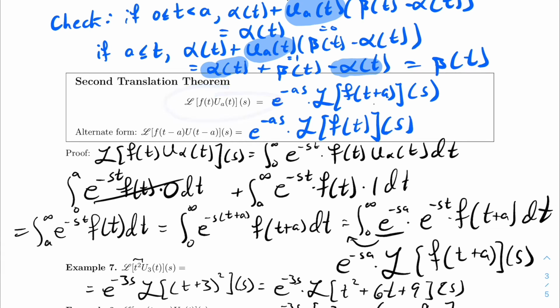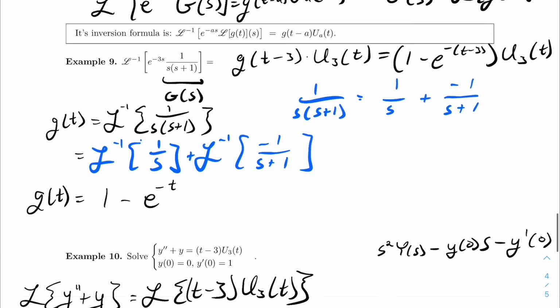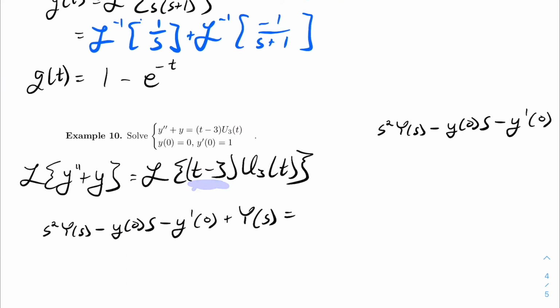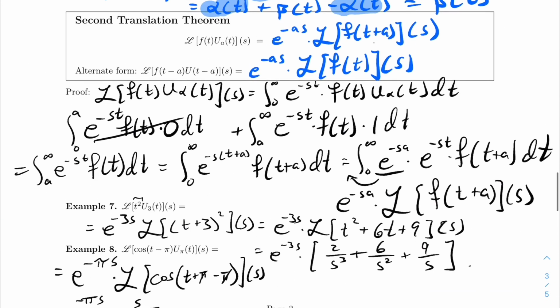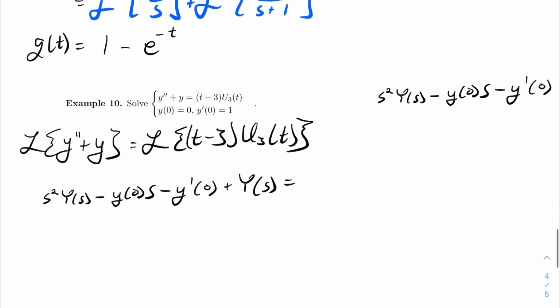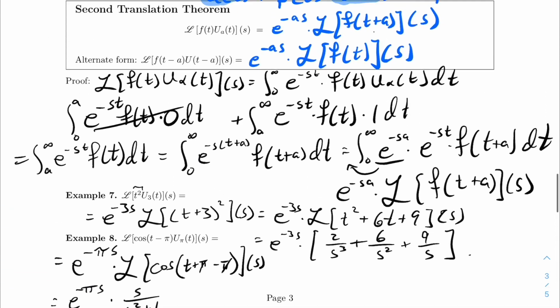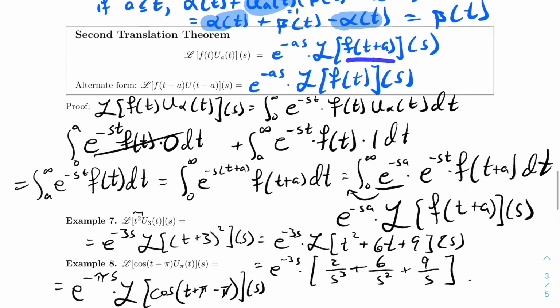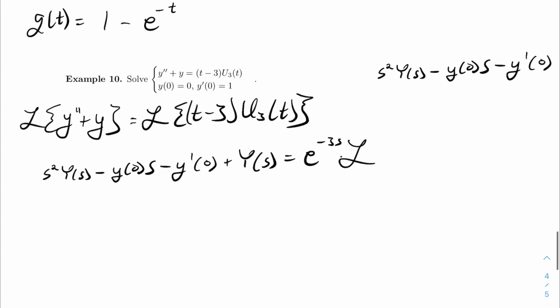So apply this second translation theorem. So f of t times u sub 3. This is our f of t. This is our u sub 3. So a is 3, so it's going to be e to the negative 3s times L of f of t plus a. So a is 3, so it's f of t plus 3.